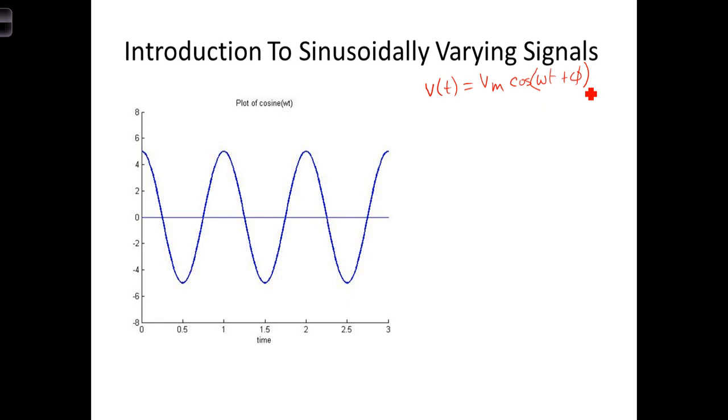Alrighty, what does V sub m refer to? Well, first of all, what is cosine? Well, you know that the cosine function varies from -1 to +1. So if you multiply that plus or minus 1 by some constant V sub m, then we have a waveform that's varying between negative V sub m and positive V sub m.